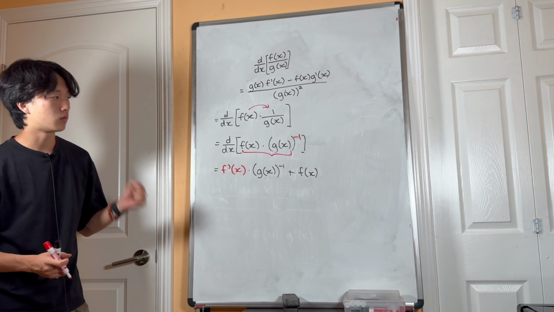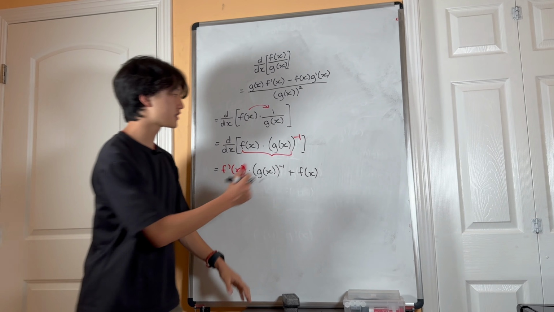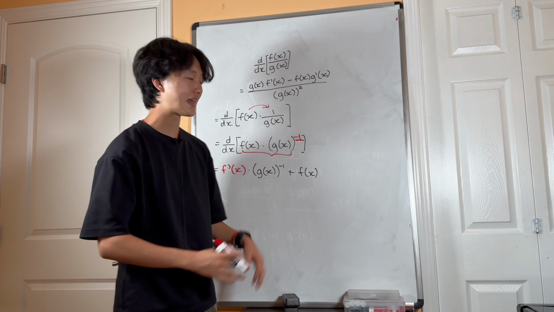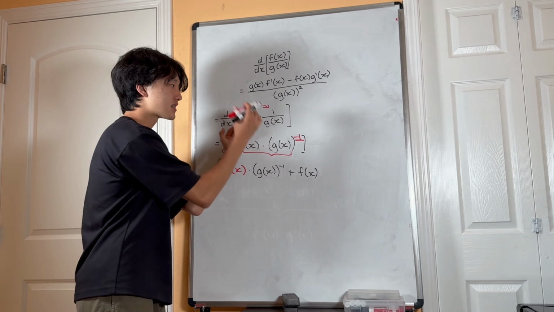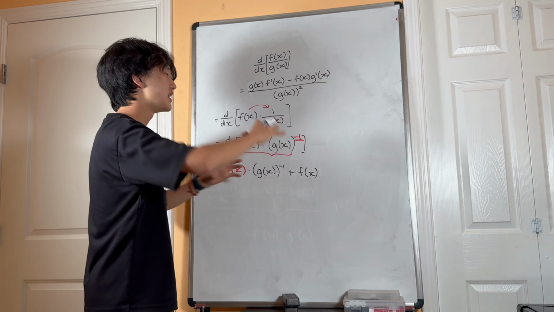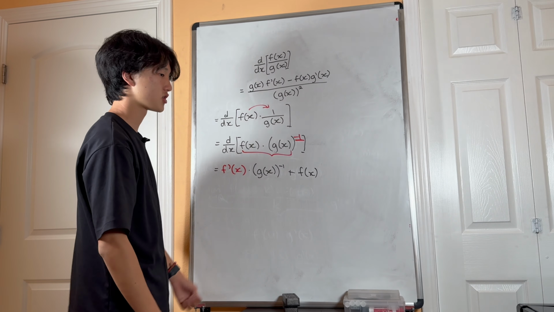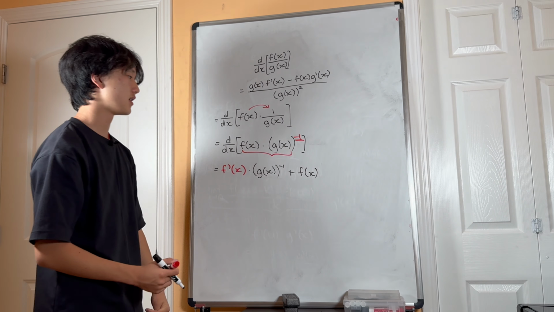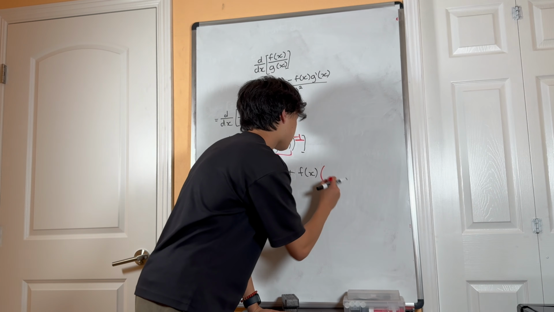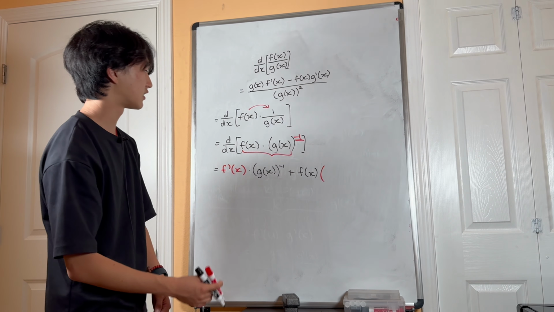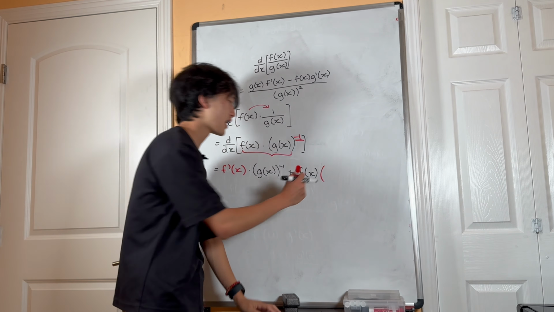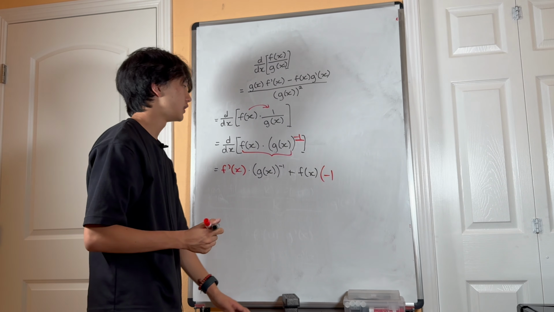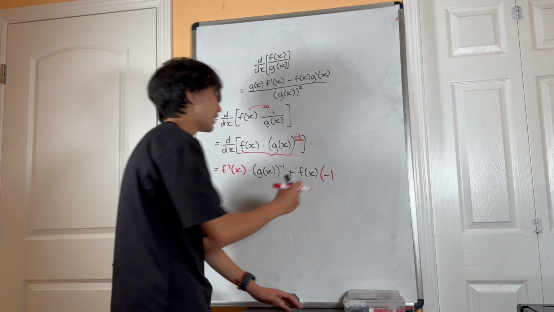But now you've got to take the derivative of the second function. So what is that? Well, first notice how you have an exponent, and that's what's happening on the very outside. This g of x is on the inside, because this negative 1 is being applied to the whole of g of x. So, according to chain rule, we have to take the derivative of the outside function first. We take this negative 1, we drop it down to the side using power rule, and the inside stays the same, so it's still g of x.